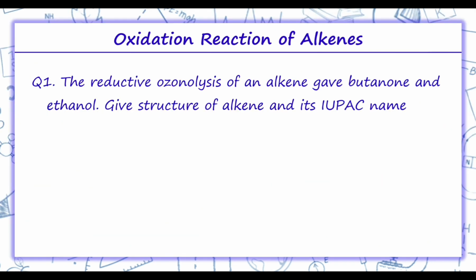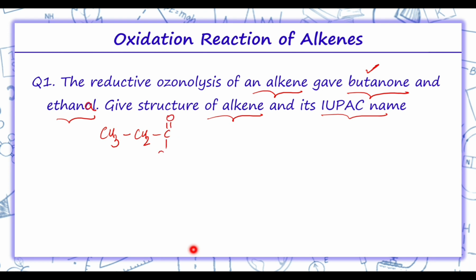Now moving on to the question part of ozonolysis, which is very important. Reductive ozonolysis of an alkene gave butanone and ethanal. We have to give the structure of the alkene and its IUPAC name. Now it is very clear, if we are getting butanone, that means the alkene is a branched alkene. So here we will draw butanone, which is CH3CH2COCH3.